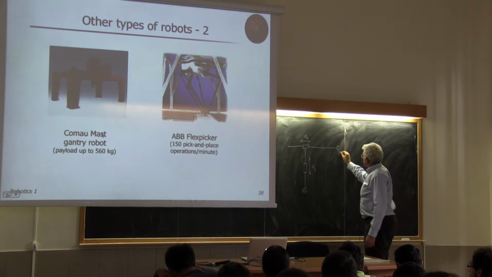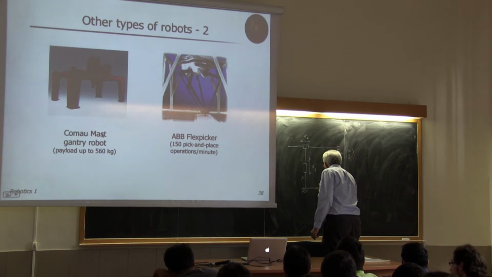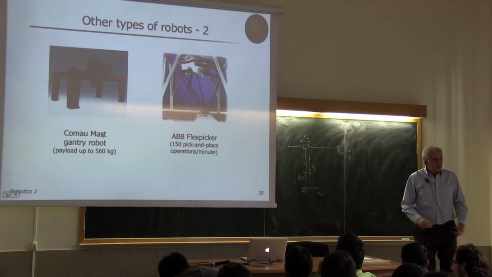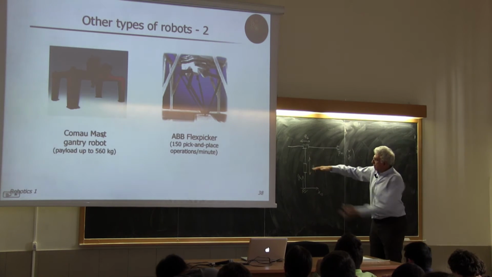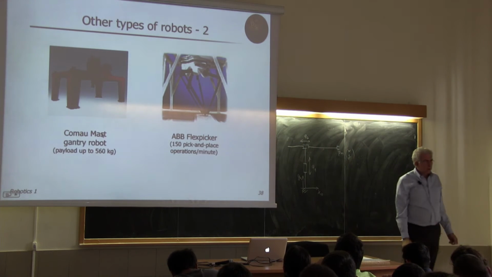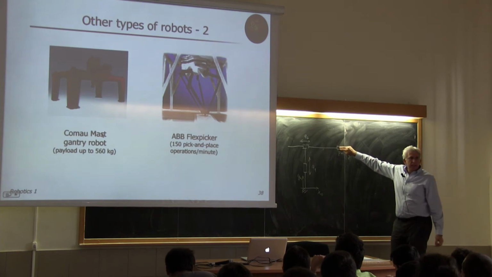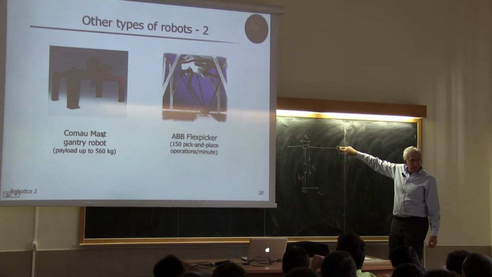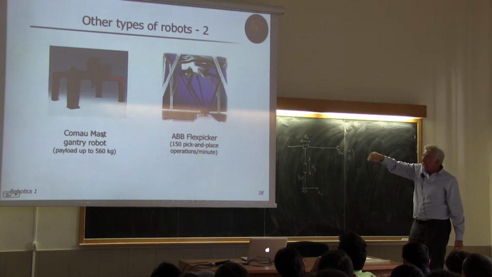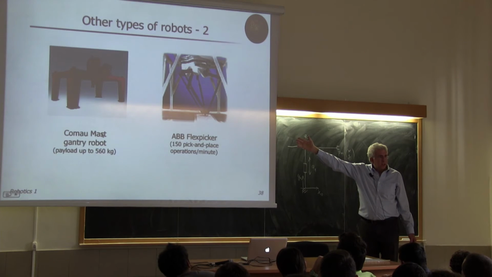So the position P, X, Y, with respect to some X0, Y0 reference frame, can be changed by varying the extension of Q1 and the extension of Q2. Okay? And now if at the end of this link, I place a third prismatic joint which comes out of the plane, I have the 3D gantry structure of the first three prismatic joints.